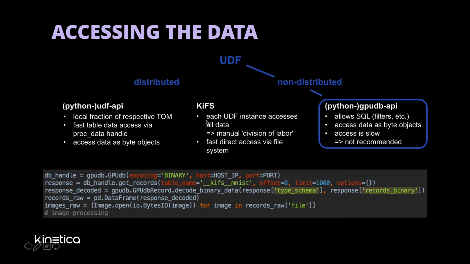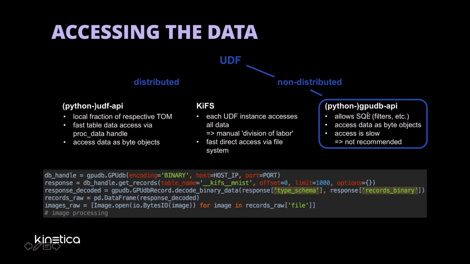And then you could also use the Python GPUdb API, which is different from the UDF API, and that allows you to have SQL-like filters, for example. The way that would work, well, you would have your GPUdb handle like that. So this is a different way from the UDF API.